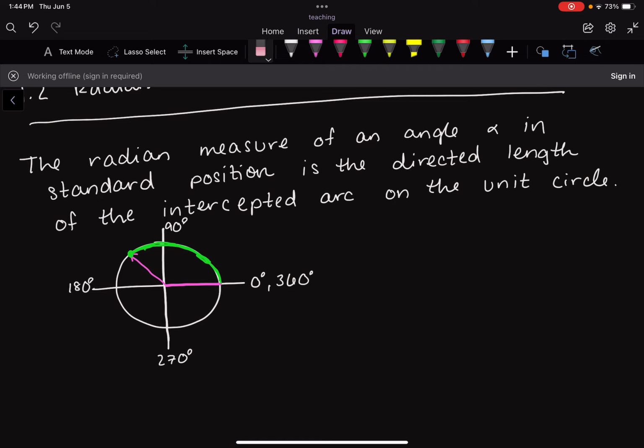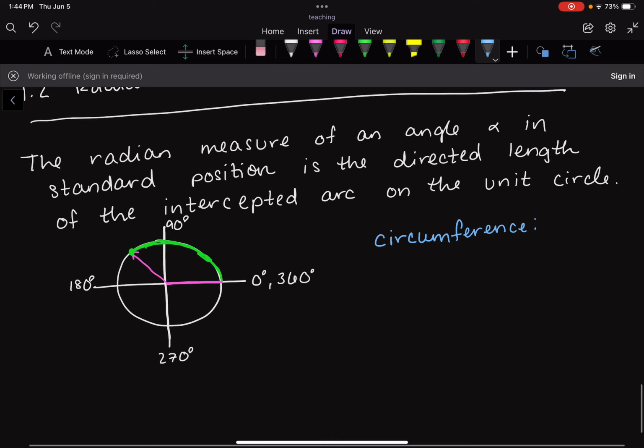But of course we want to talk about how do we even figure that out, like how do we get that value. I didn't mean to erase that. I'll go ahead and leave it. So if we think about circumference, so if you remember, the circumference of a circle is 2 pi r.